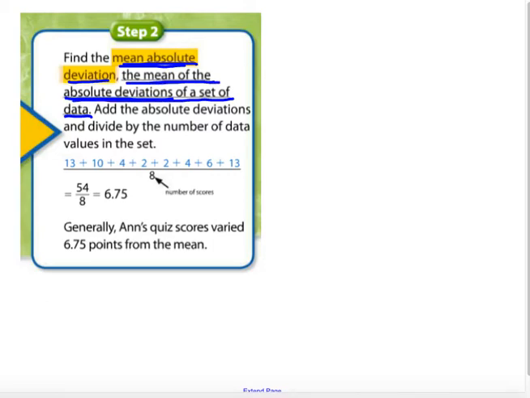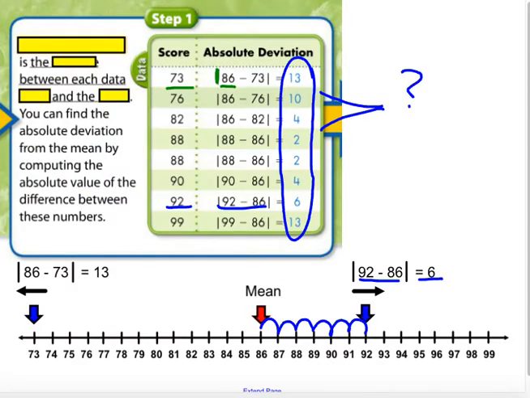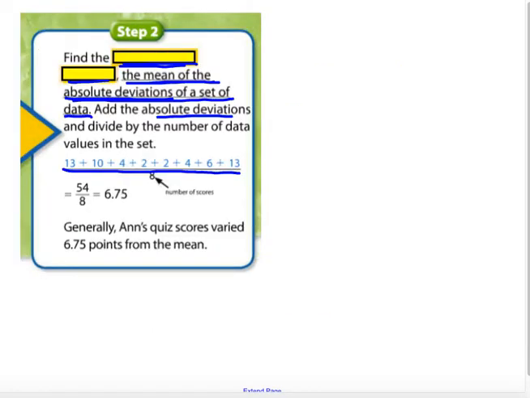So we're going to take the absolute deviations, and if we go back to our table, we're talking about these numbers right here and applying them to finding a mean.